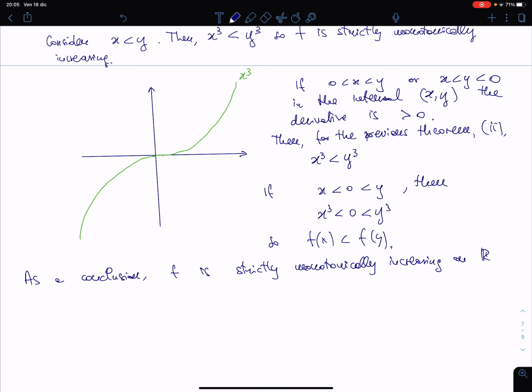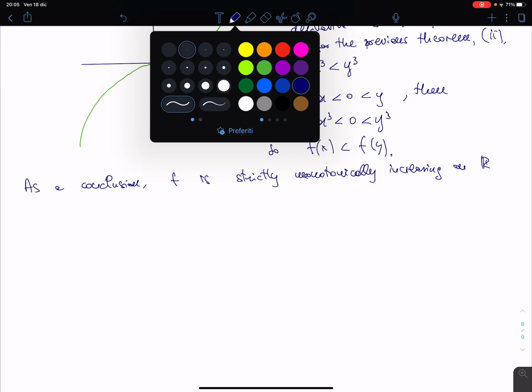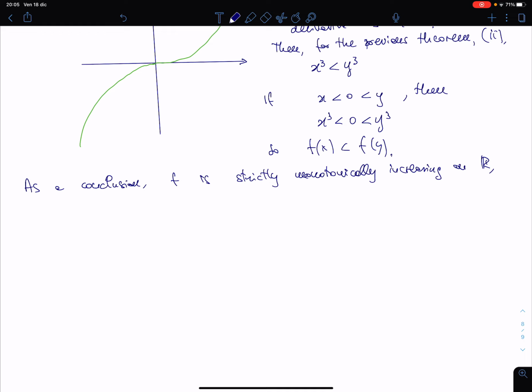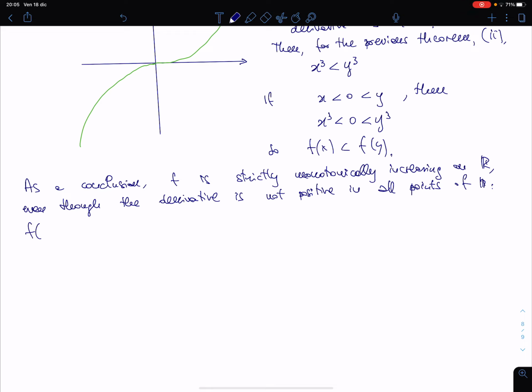So you can easily prove this generalization of this example. So let me be more precise here. It's strictly monotonically increasing even though the derivative is not positive in all points of R. F prime of 0 is indeed equal to 0.